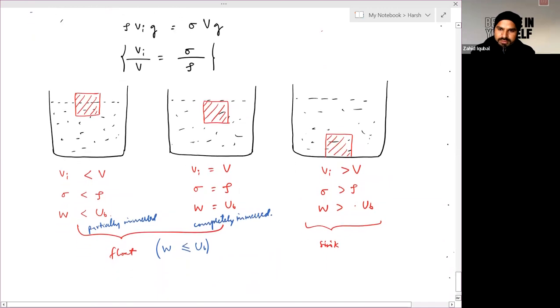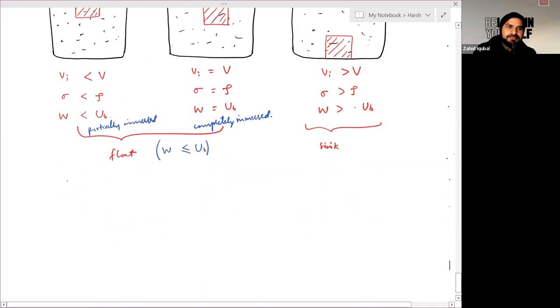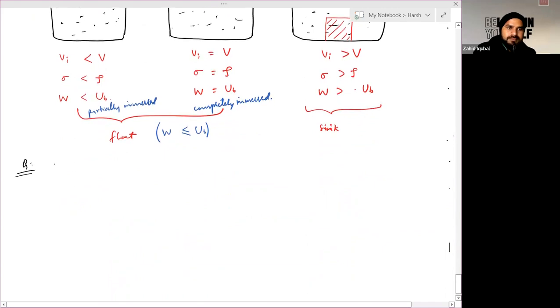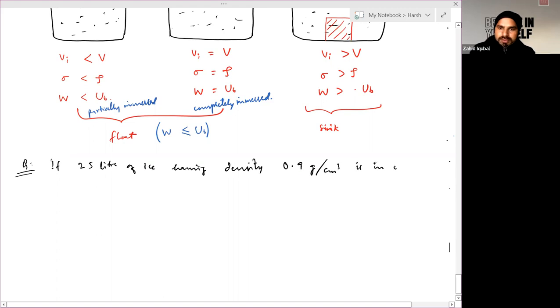Now let me define you a question related to this part. If 25 liters of ice having density 0.9 gram per centimeter cube is in an ocean, find the volume of ice in air and inside water.